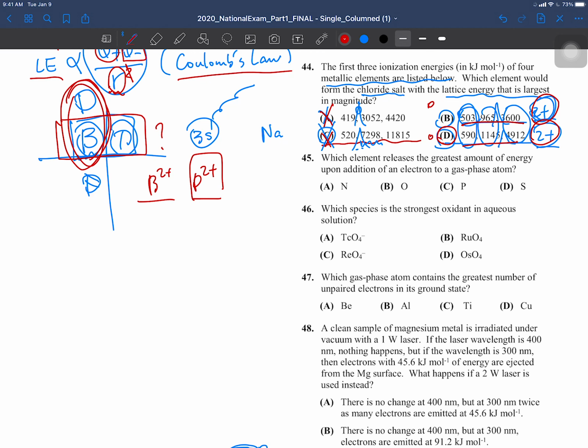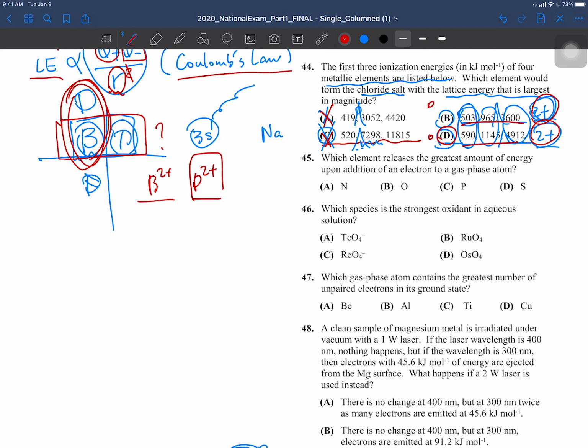So although fluorine has the strongest ability to gain the electron, it does not release so much energy because fluorine's size itself is small. So when it gains one electron, it results in a large increment in electron-electron repulsion. So if you check the data, chlorine is the largest and fluorine is second largest.